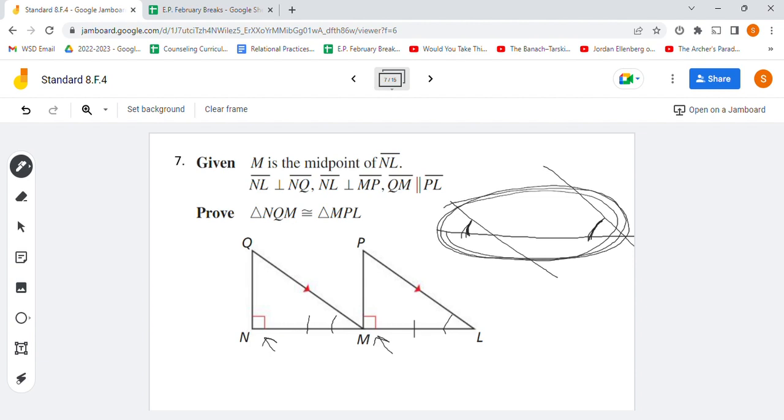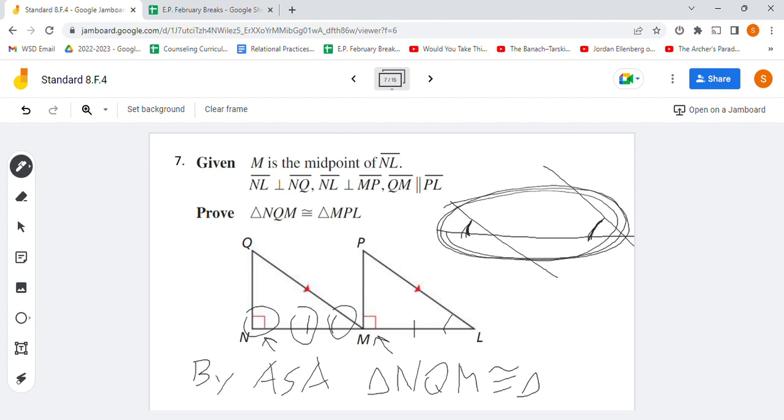So we now have enough information to use the angle side angle congruence theorem. So we have by angle side angle, we know triangle NQM is congruent to triangle MPL.